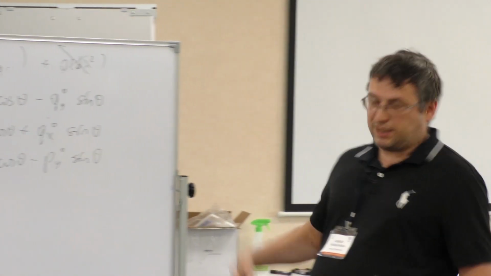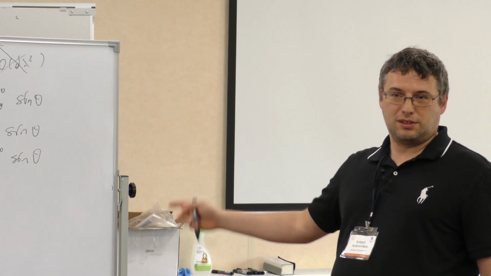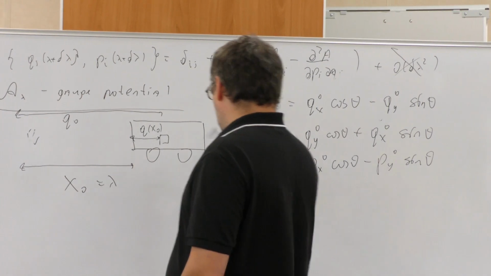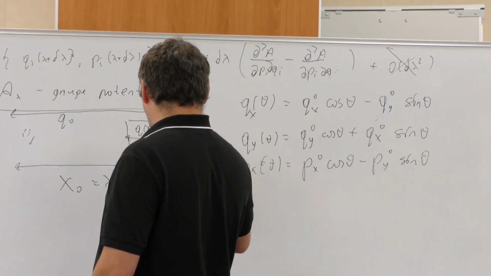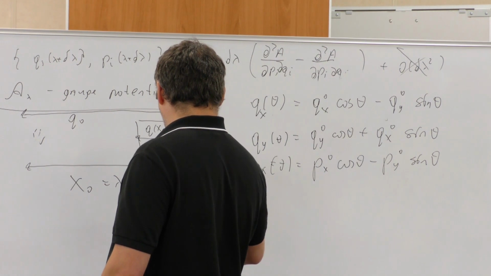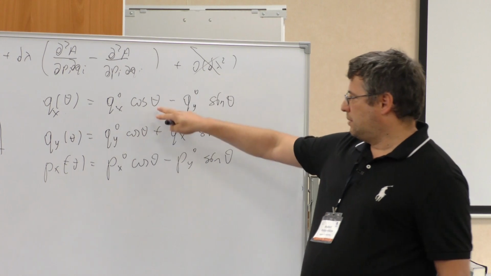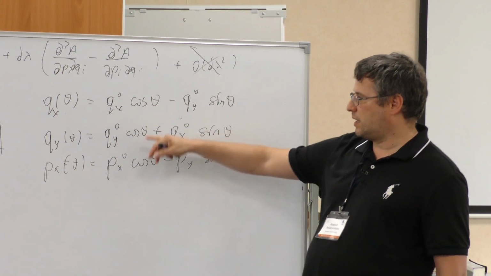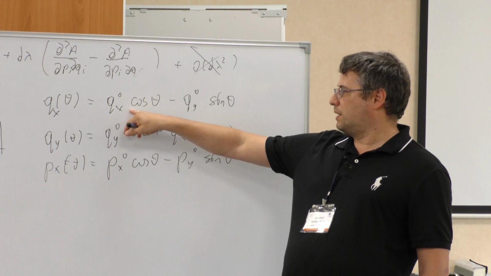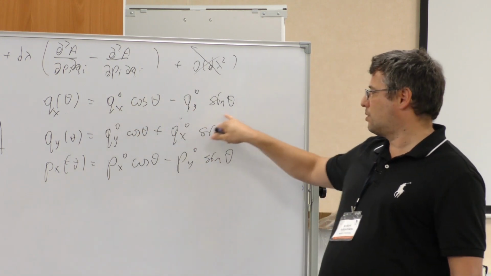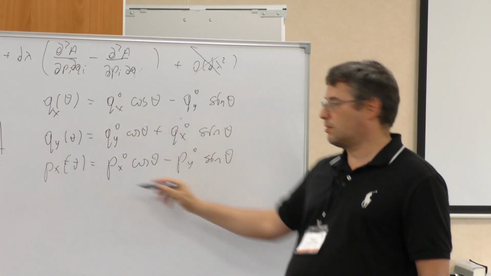I guess you can already guess what the generator of rotations should be. Now my canonical transformations are rotations, so it should be angular momentum along the z direction, as we know in quantum mechanics. Let's check that it works. I'll write only one of the equations. dqx d theta, let's see what it is. When I differentiate this, I get minus qx naught sine theta, and here I get minus qy naught cosine theta. But this is nothing but minus qy.